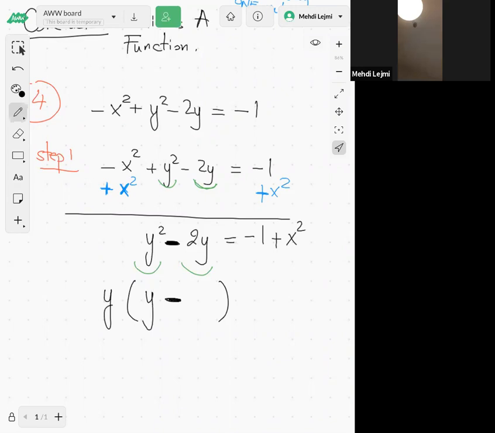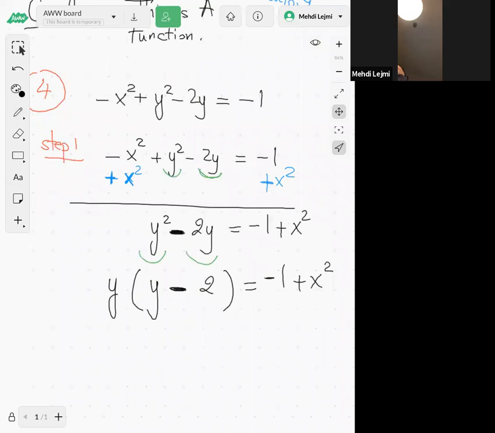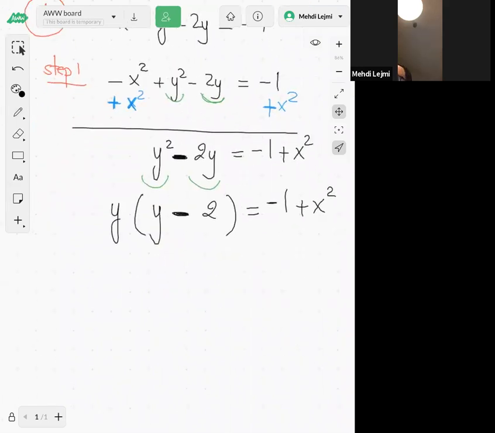So if you factor out the y, you're gonna have 2 here, right? So y times 2, that will be the minus 2y. And on the right side, it's minus 1 plus x squared. So here we just try to solve for y. But anyway, we can now try to move to the next step and see what happens.